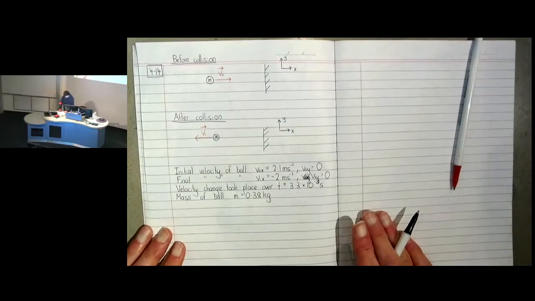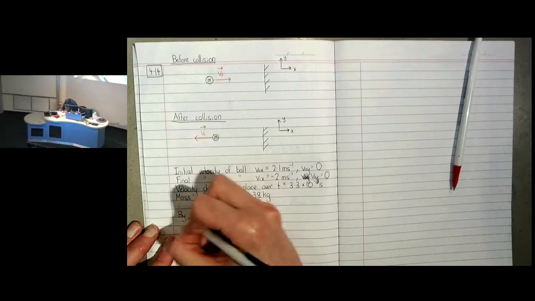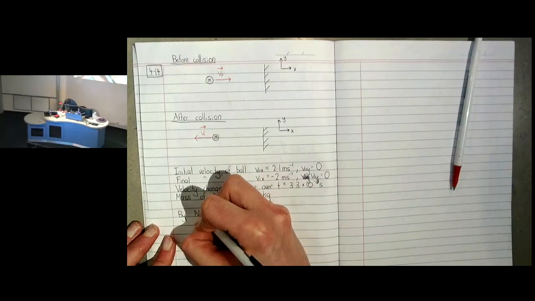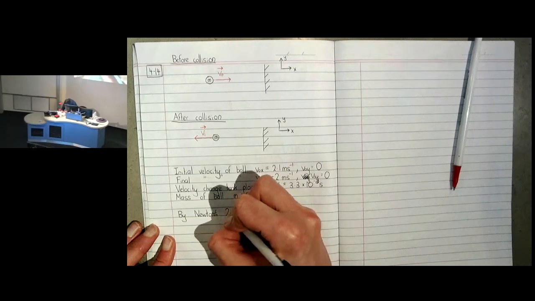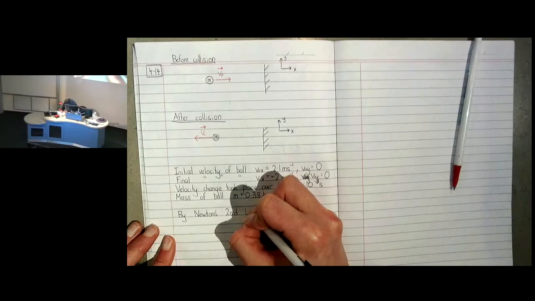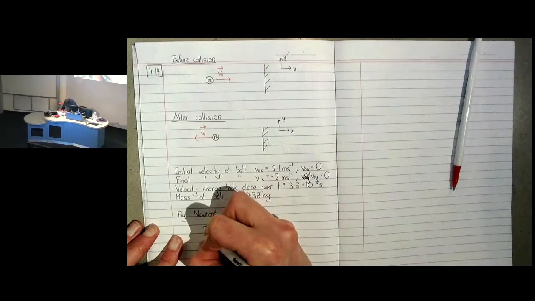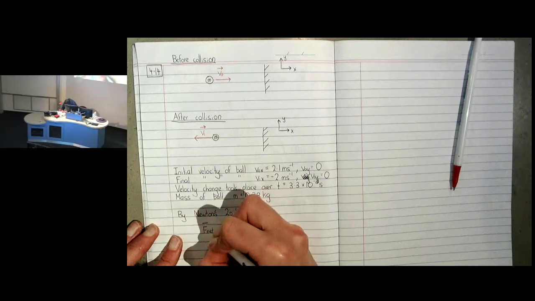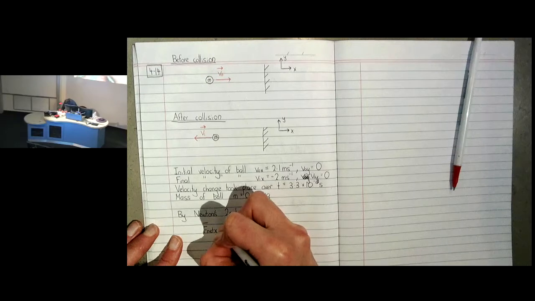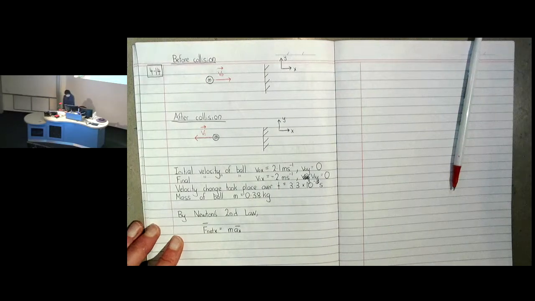So I reckon to do that, we can probably use Newton's second law. So by Newton's second law, we're going to have that the x component of the average net force is equal to the mass of the ball times the x component of its average acceleration.